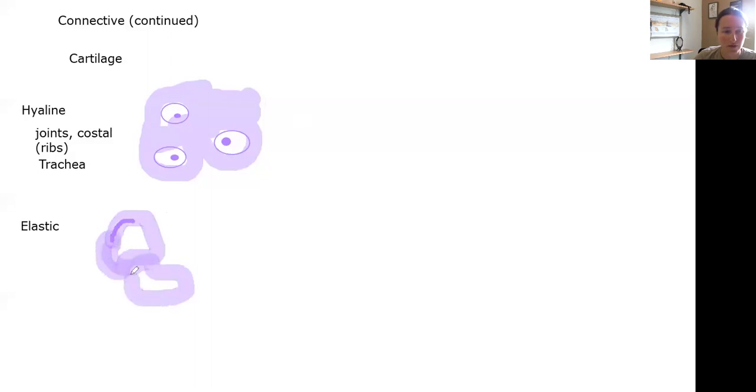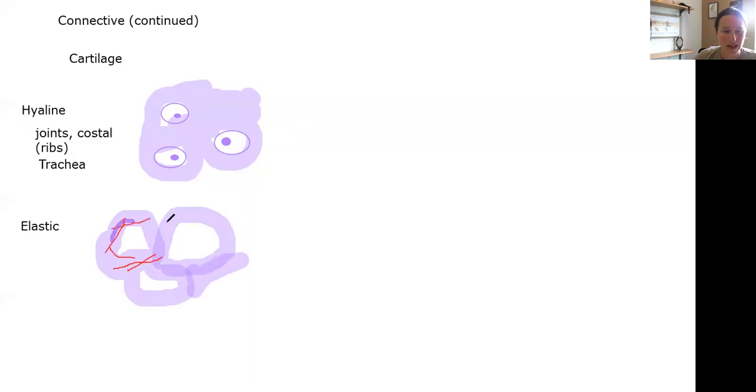All right, so we also have this nice little jelly matrix here. But this time there are also fibers, specifically elastic fibers.